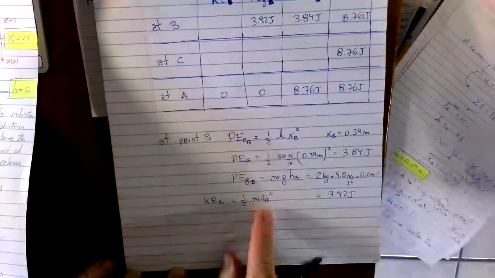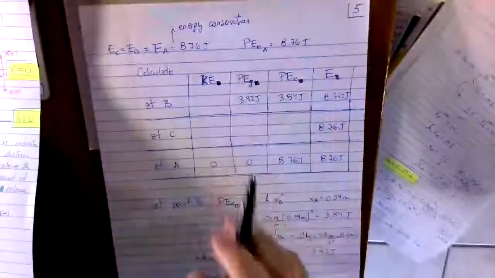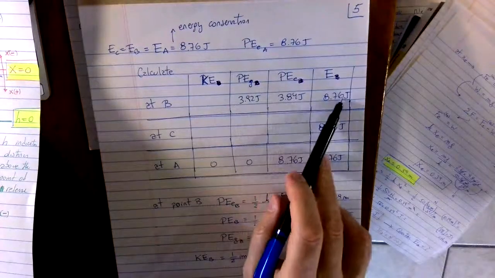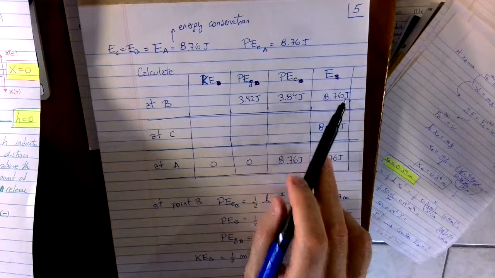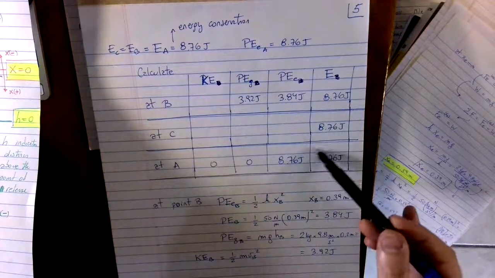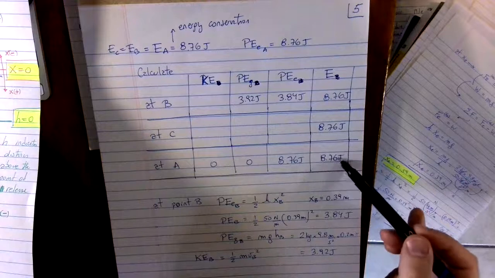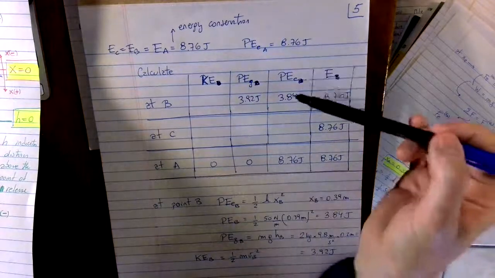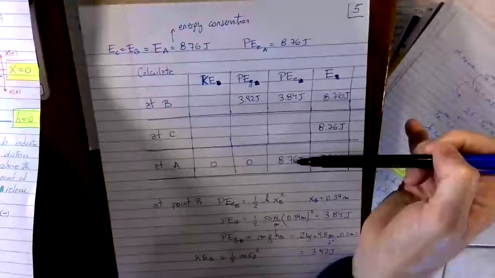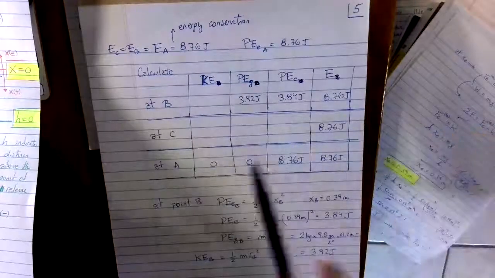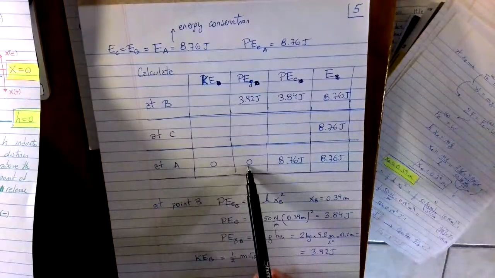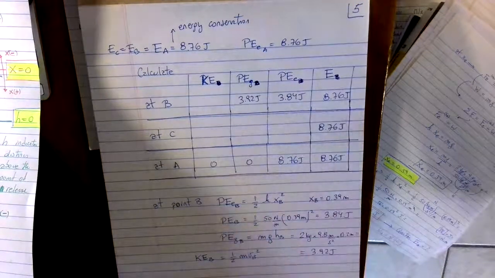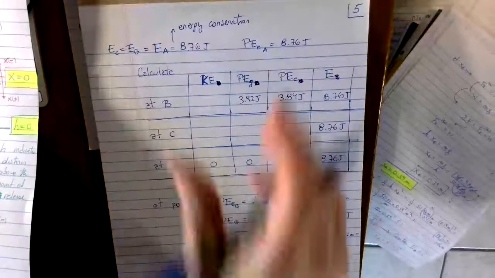Okay, but we know that the sum of all these terms is equal to the total energy. That's the reason we first calculated the total energy before. At the point A, we were able to calculate the total energy because we calculated the elastic potential energy, and that's the total energy because the other two are 0. So how do we calculate this?